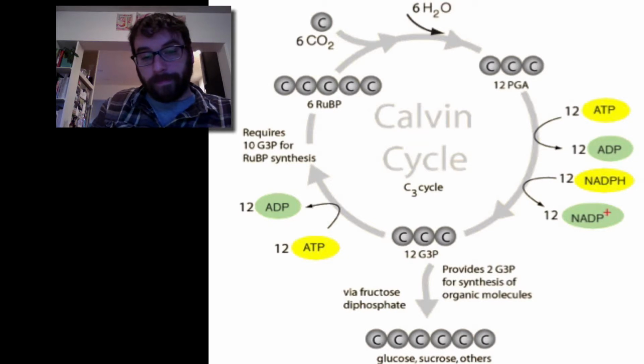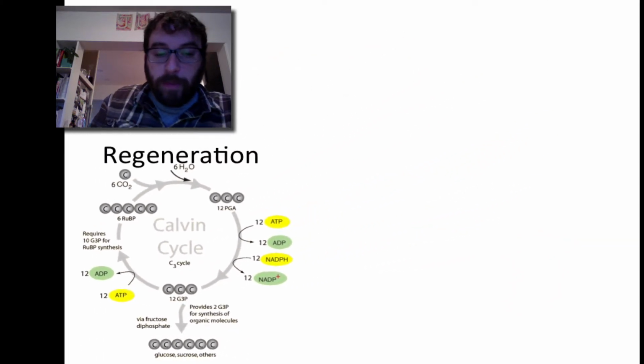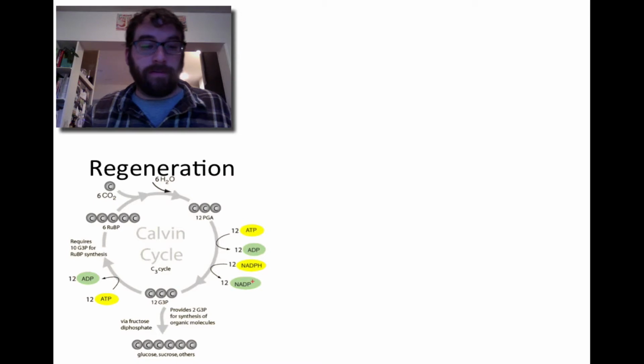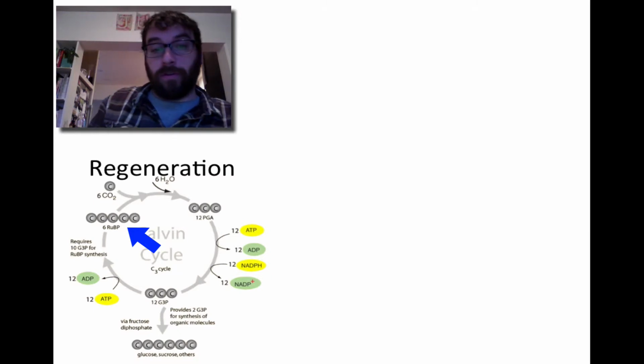That takes us to the next stage, which is regeneration. What's being regenerated is the molecule you start with, the RuBP. You need that molecule back in order to start the cycle again.